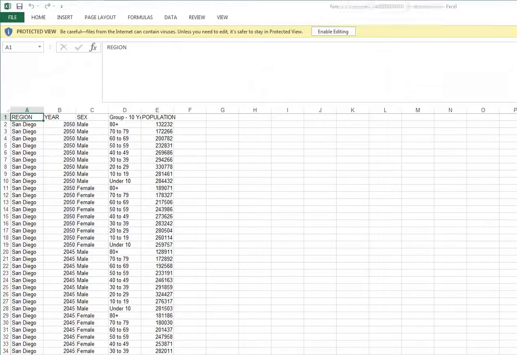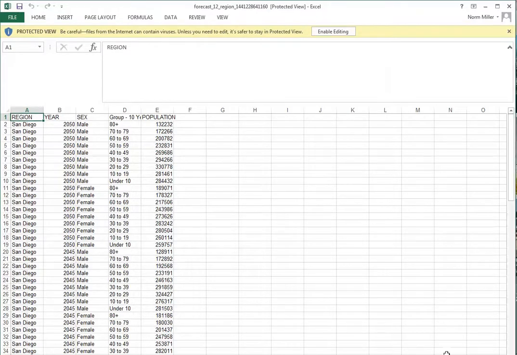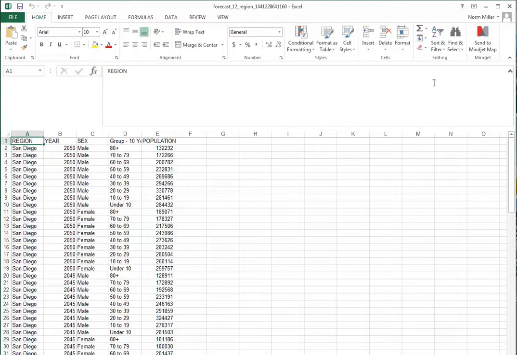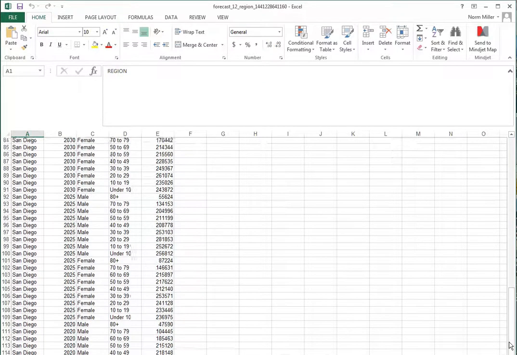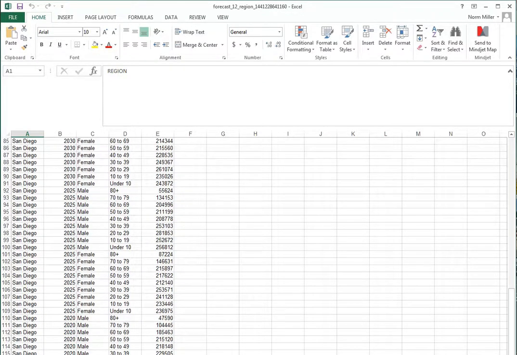and I'm going to make it a little bit smaller here. But what we see here is a forecast, and let me pull down the sheet.